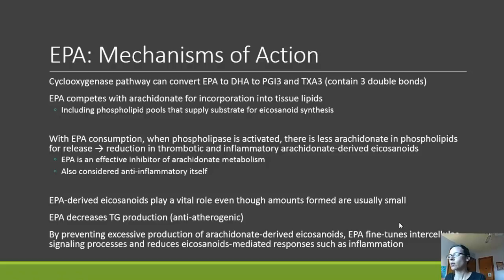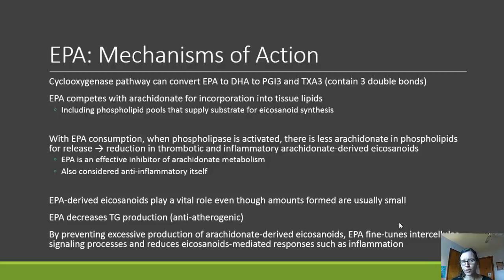Okay, so we've talked about how when we have dietary intake of our omega-6s and omega-3s, they're ultimately converted to arachidonic acid or to EPA, and yes, EPA is further converted to DHA. Depending on the proportion in which they get consumed, arachidonic acid or EPA will be incorporated more or less into the cell membrane.